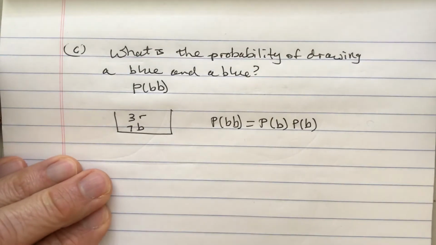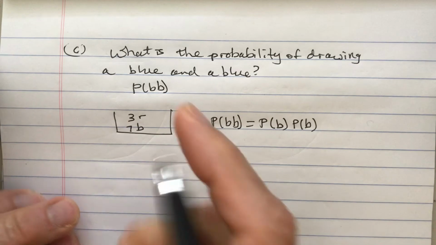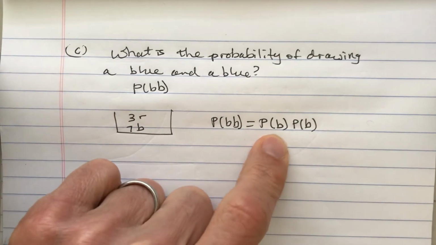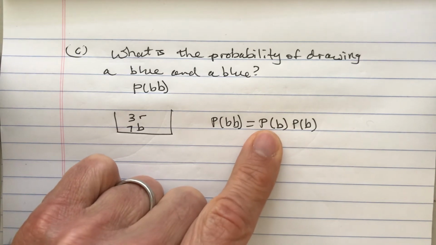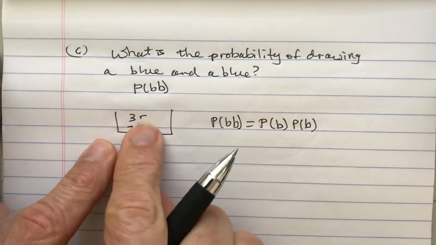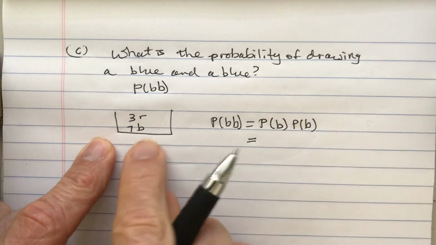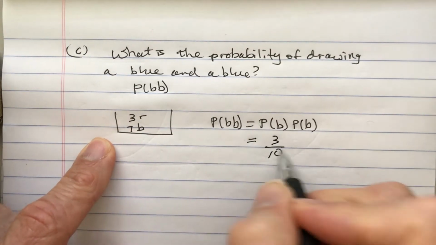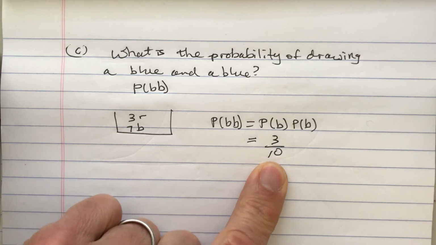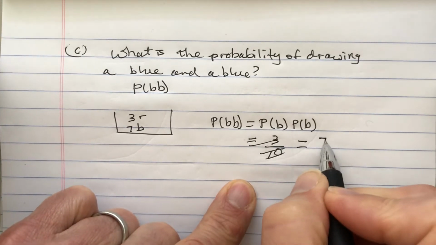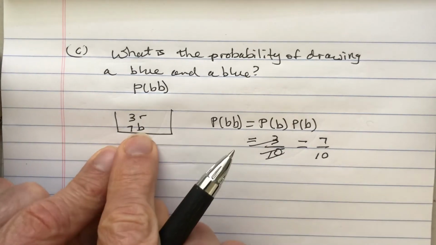So, all right. Why is this true? Why do we multiply these? You can think of that every time we draw a marble out, 7 out of 10 times we get a blue.